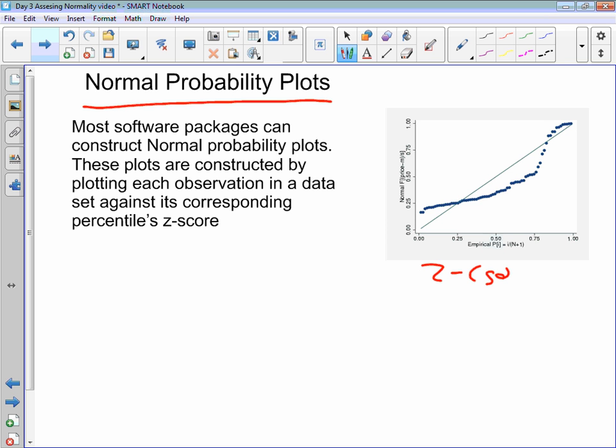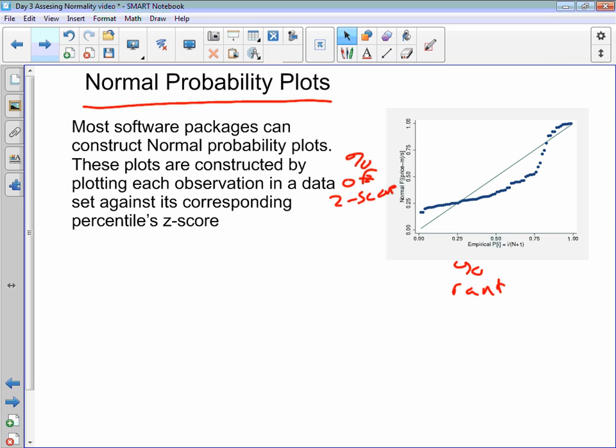One axis is the actual percentage in the population, and this one is what the percentage should be if it was a normal distribution. So this is the percentile rank, and this is the percentile of the z-score in a normal distribution.